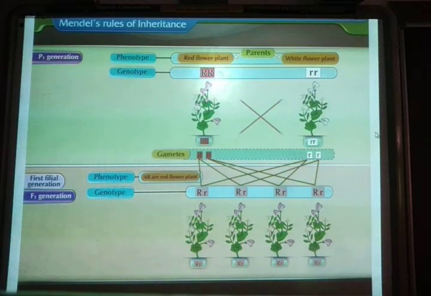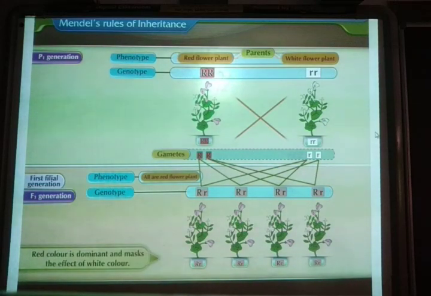Thus, phenotypically, when a white-flowered parent P1 plant is cross-pollinated with a red-flowered parent plant, the first filial generation F1 generation produces plants with red-colored flowers. Red coloration is dominant and masks the effect of white coloration.